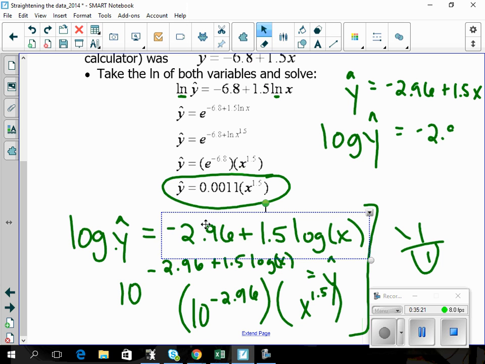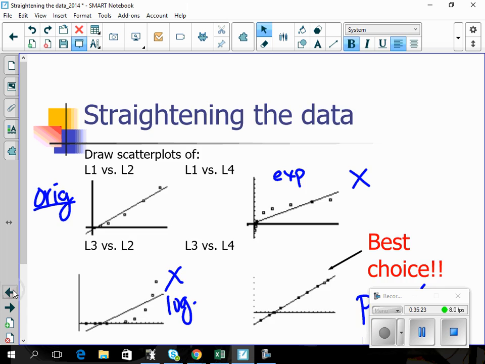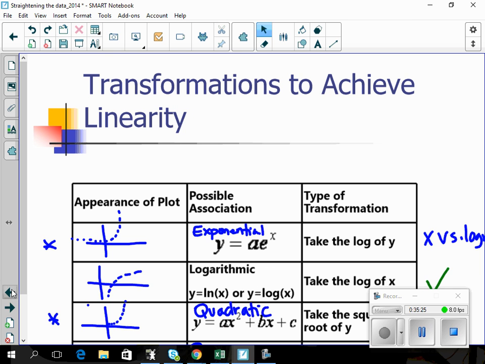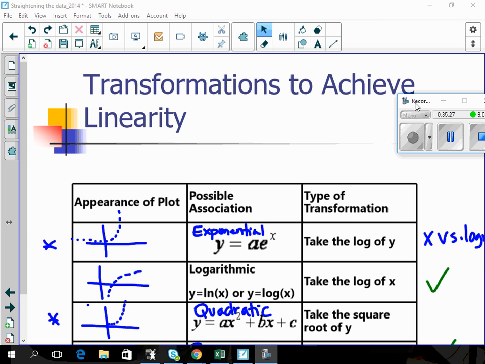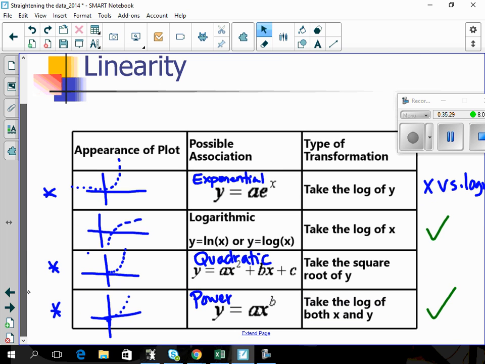The important takeaway from today is this: what can I do in a data set to straighten it out? First things first, when we looked at the original scatter plot, it looked linear.